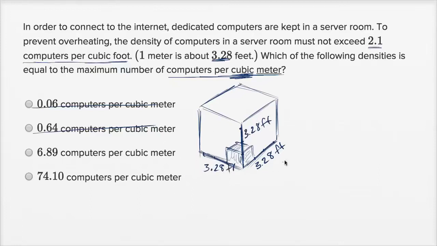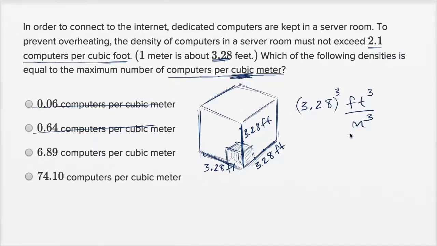And so what's the volume? It's going to be 3.28 times 3.28 times 3.28. So the volume here is 3.28 to the 3rd power cubic feet. And this is how many cubic feet you have per cubic meter, because this whole thing is also a cubic meter.